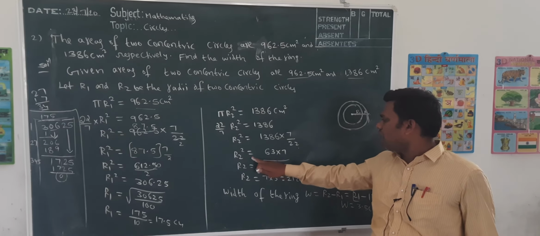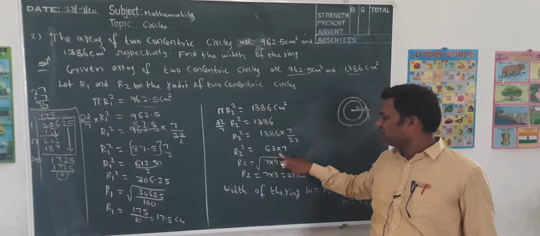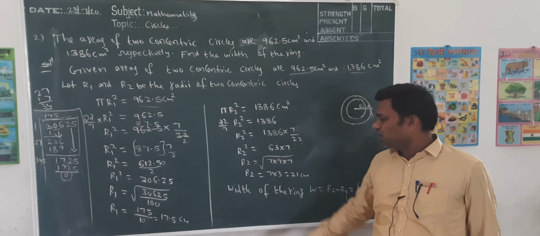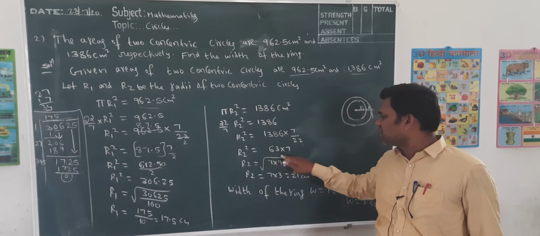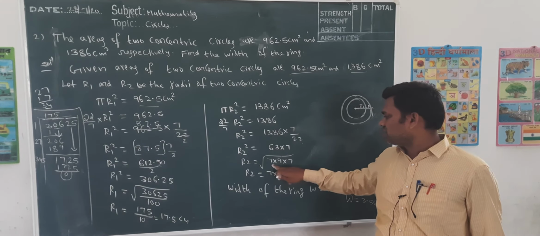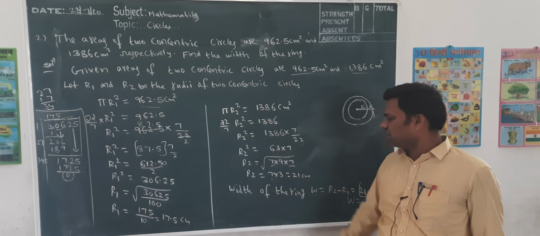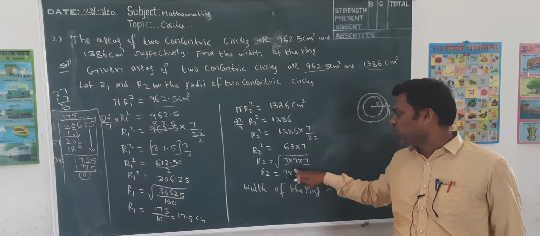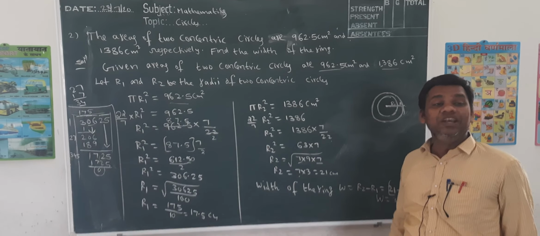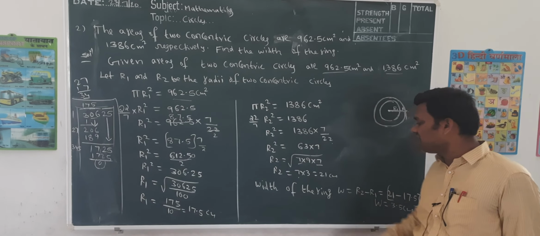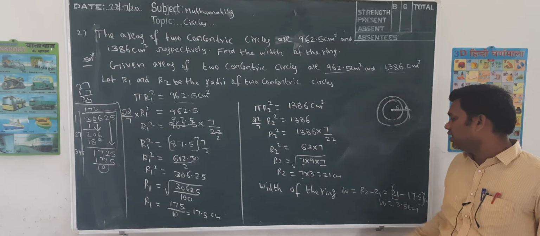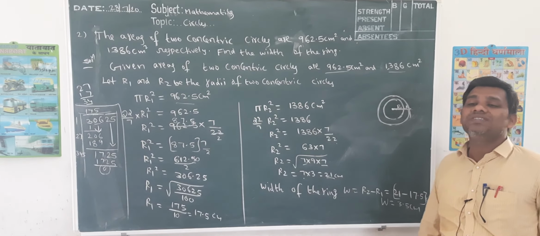So R2 square equals 63 into 7. 63 we can write as 7 into 9. R2 means square root of 63 into 7, 63 I wrote as 7 into 9, again 7 as it is. For 2 7s, 1 7 will come outside. For 9, 3 into 3, 1 3 will come outside. 7 3s are 21 centimeter. So R2 is 21 centimeter.